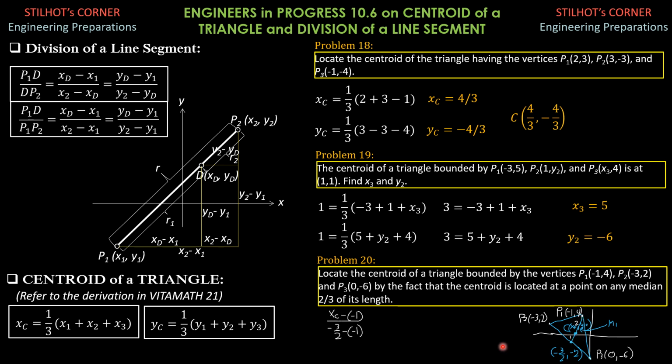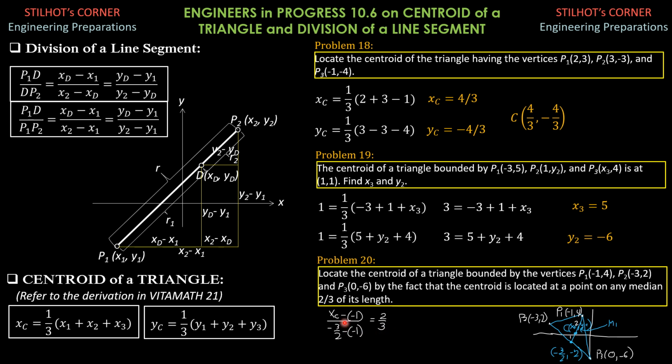If we denote this x sub c, then x sub c minus negative 1 over negative 3/2 minus negative 1, the ratio of the horizontal projection, is equated to 2/3.